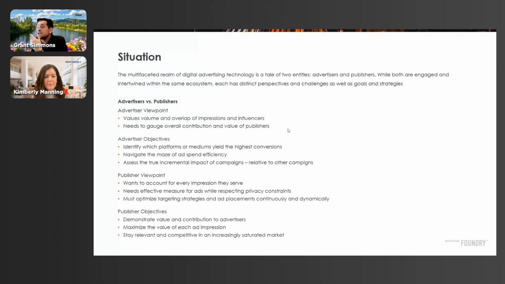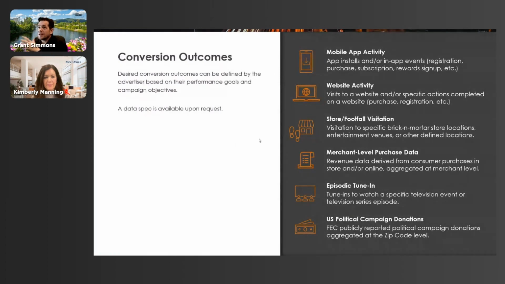And so in terms of what we built at Kochava, we can measure mobile app activity. That's what we talked about largely in what we started this whole thing with. That extends to website. We can also do store footfall and visitation, as well as, in agreement with Affinity Data Solutions, grocery sales.